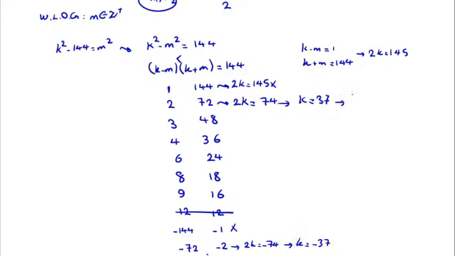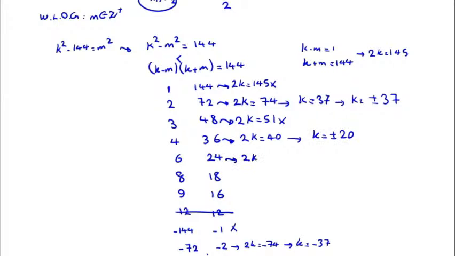So here when I reach k equals 37, I say k is plus minus 37. For the next case, 2k is 51. It's not acceptable because one of them is odd and one is even, so the sum is odd, but the sum should be even because it is equal to 2k and k is an integer. Next one, 2k is 40, so k equals 20, and you should also consider the negative of that.